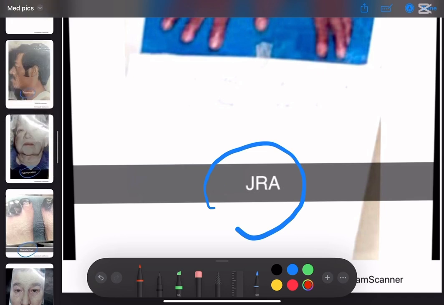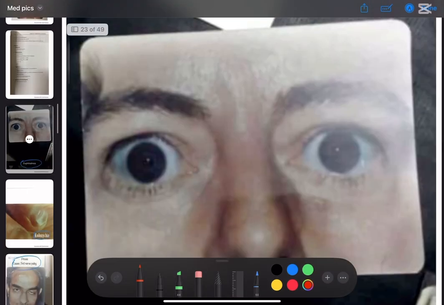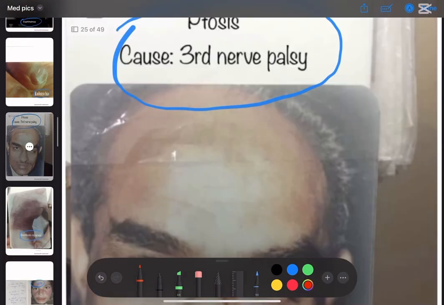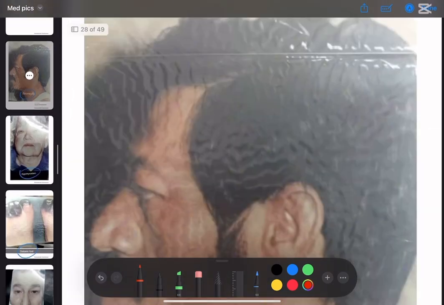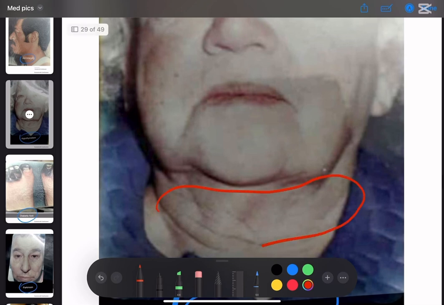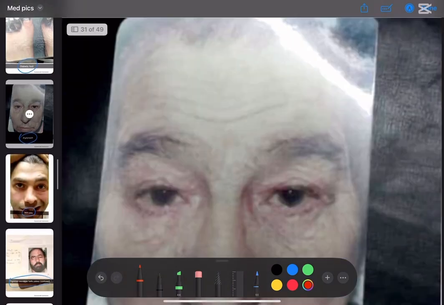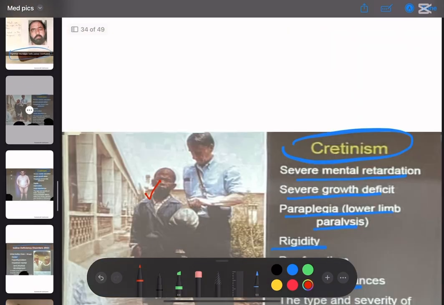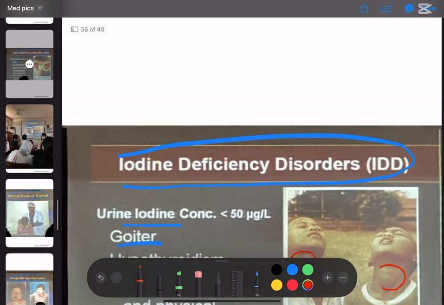We have discussed scenarios first, and then we have discussed the specific pictures. So this is exophthalmos, koilonychia, ptosis, acanthosis nigricans, SLE, acromegaly, hypothyroidism, and diabetic foot, Parkinson's, Bell's palsy, cretinism. This is iodine deficiency disorder.